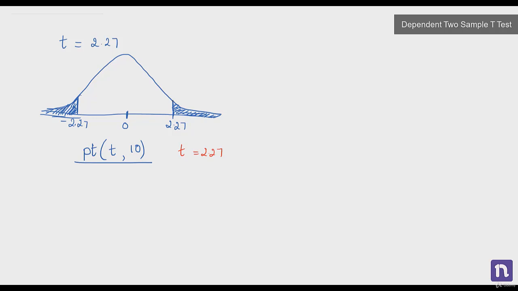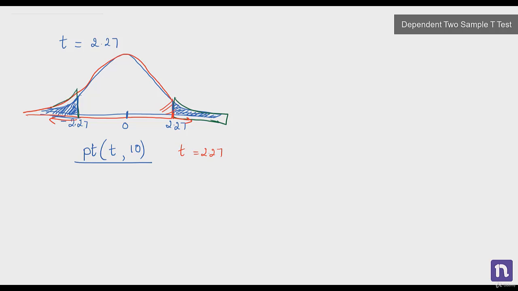What this will return is the area to the left of this point, the entire area over here. But what we need is the area to the right hand side of this point. Let me draw it in another color. We need this area.